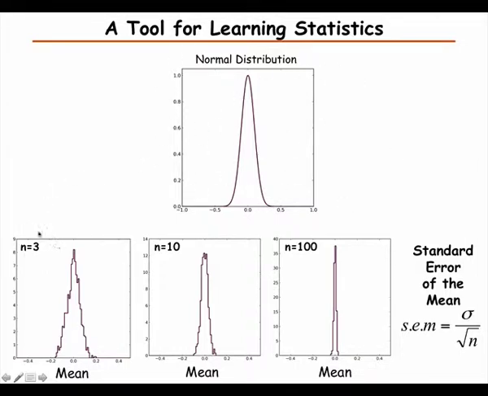Then depending on the sample size, if we sample 3 points, we get a distribution that's slightly narrower, but when we increase the sample size, the distribution of the mean becomes narrower and narrower, and this scales as 1 over the square root of n.